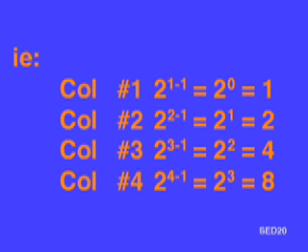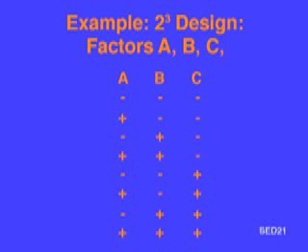For example, in column 1, we have 2 to the 1 minus 1, which is 2 to the 0, and anything to the 0 power is 1. So the pattern is to have 1 minus and 1 plus per set in the first column. In column 2, we have 2 to the first power, which is 2, and we have 2 minuses and 2 pluses in the second column. Column 3 has sets of 4 minuses and 4 pluses.